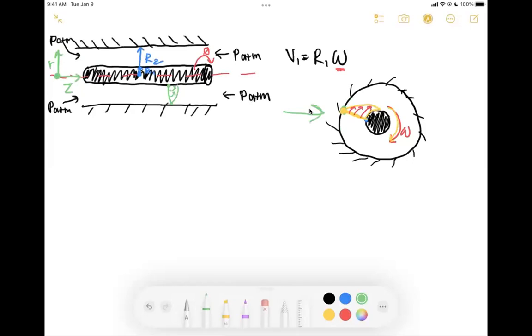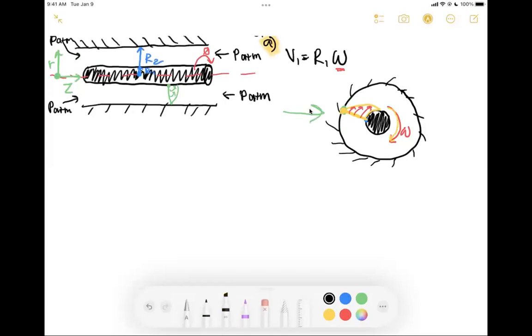So now that we have part A done, where we had to draw the diagram and draw the velocity profile, we can move on to part B. So this is part A. I'm just going to highlight that really quick.